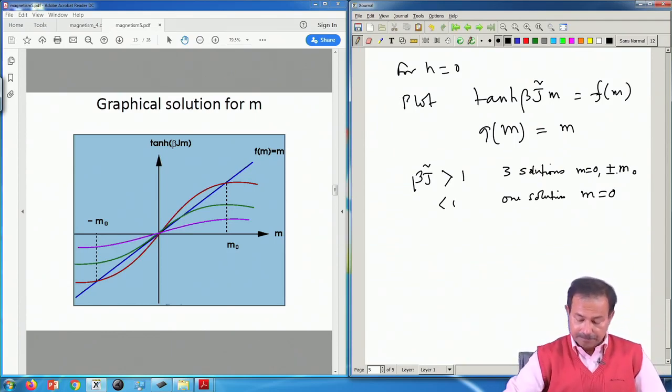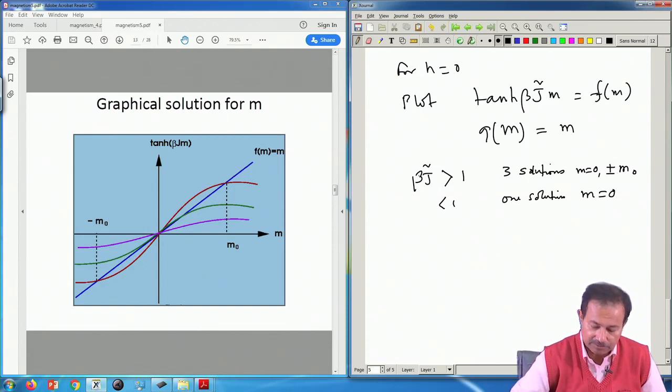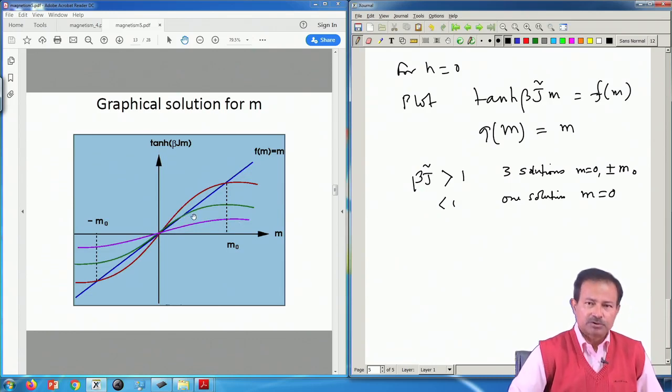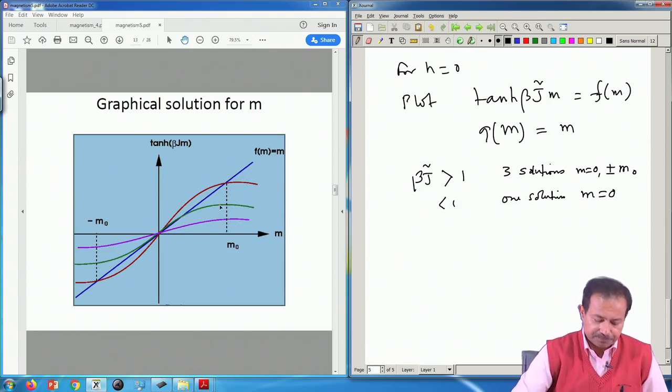So, depending on the value of beta j tilde, if it is more than 1, you have 3 solutions. If it is less than 1, which is for example the purple curve, you have one. The red curve has beta j tilde more than 1, the purple curve has beta j tilde less than 1, and the green curve is just about beta j equal to 1.